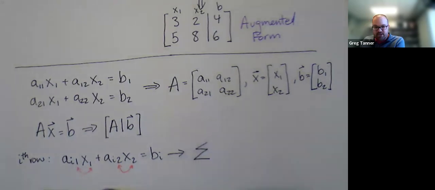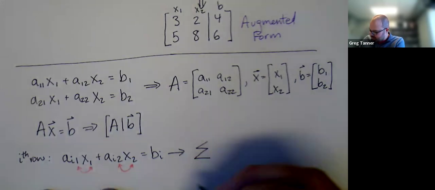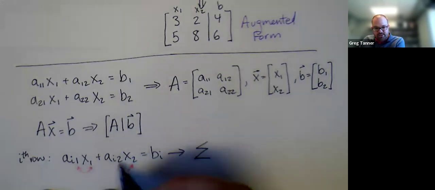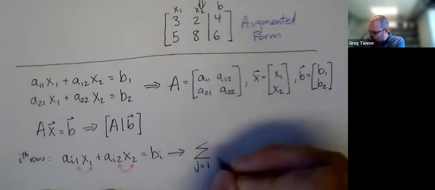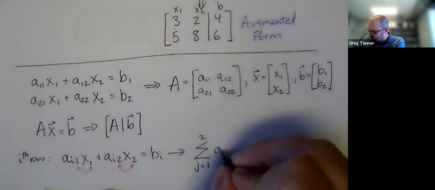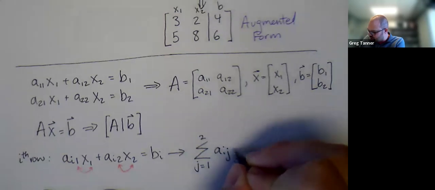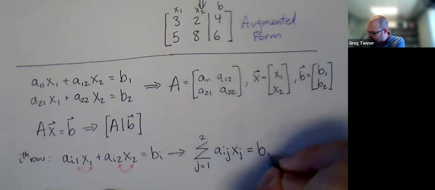This capital sigma that looks like a zigzag means add up all the terms that look like this. And so I'm going to replace this 1 and this 2 with an index j that's going to start with 1 and go to 2 of aij xj. And that's going to be equal to bi.